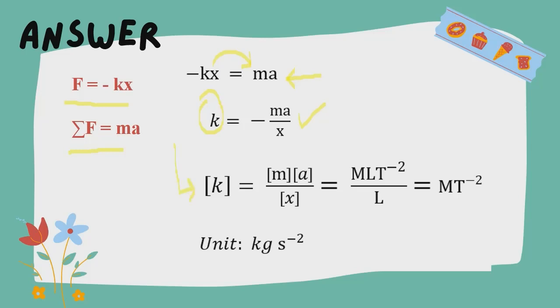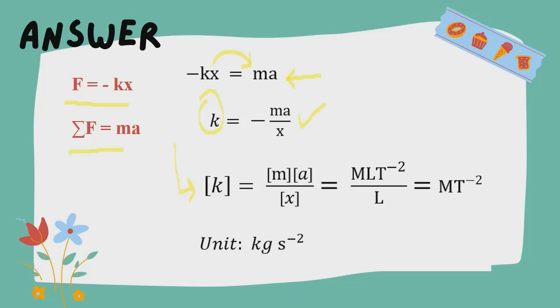Now we put dimension for all physical quantities, K included. So M here, A here, X here. Notice that the negative has gone because negative is dimensionless. So never bring the negative down here when you are doing dimension. So put square brackets for all physical quantities, indicating that you are doing dimension.